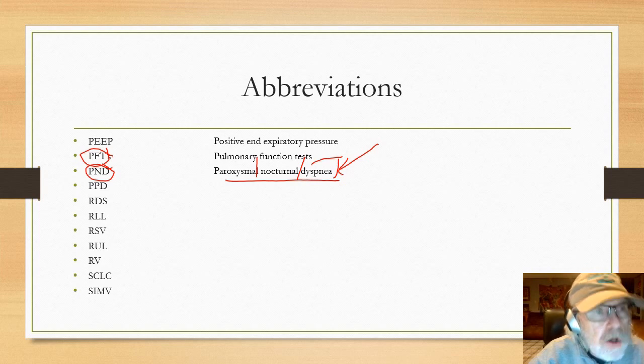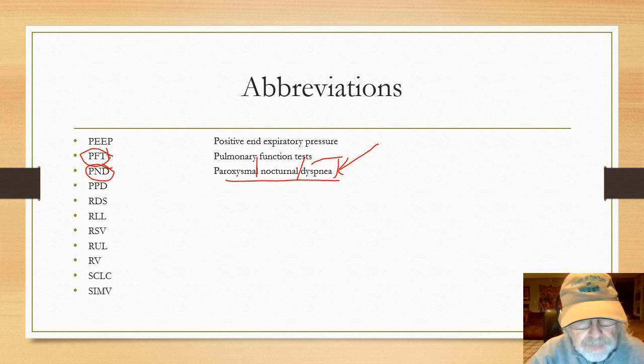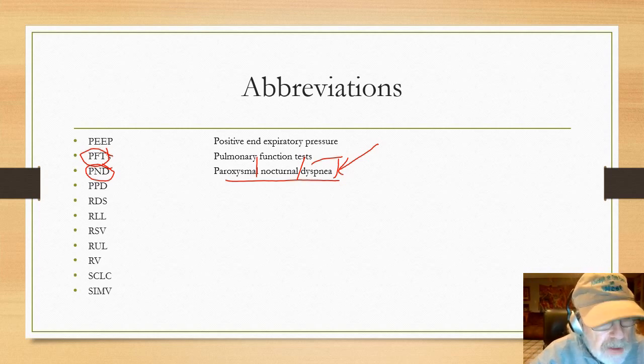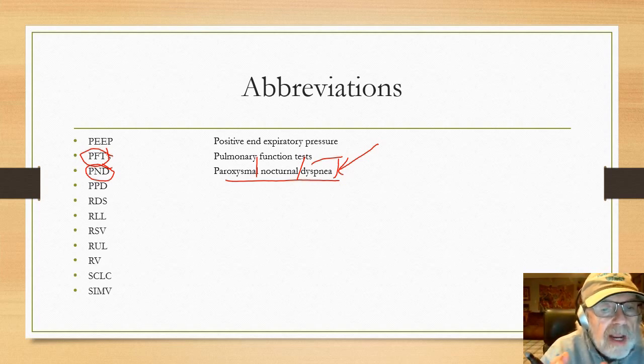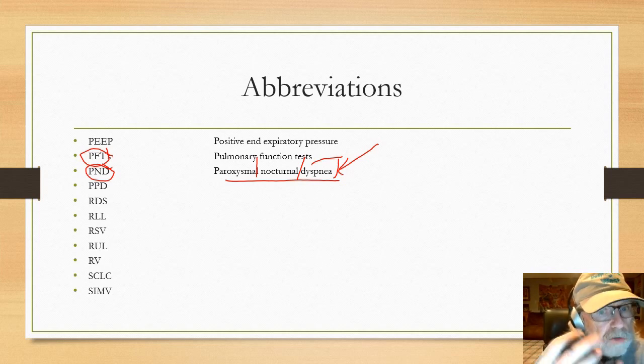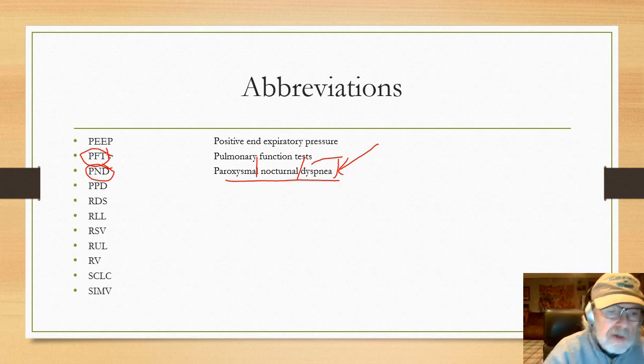When they lie down at night, they don't have to worry about gravity. All the fluid built up in their ankles gets back into the circulatory system, overloads it, overloads the lungs with vascular flow, and they get short of breath at night. So it's more of a cardiovascular related thing than actually a pulmonary thing, but it's a pulmonary manifestation.